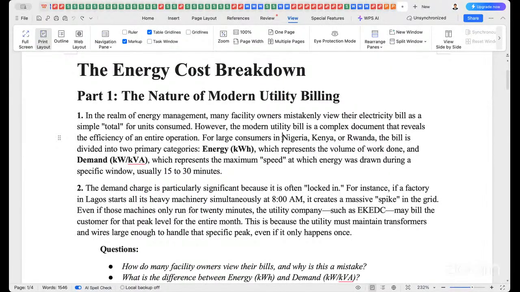And this week, we want to talk about the energy cost breakdown. Like I said, the model of this training would be an interactive training course. What we have adopted is a session where we have paragraphs to be read. We have questions.